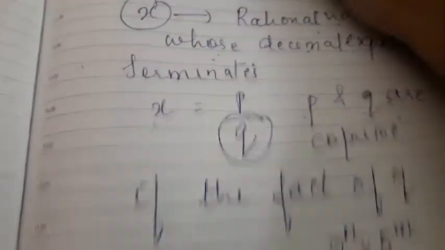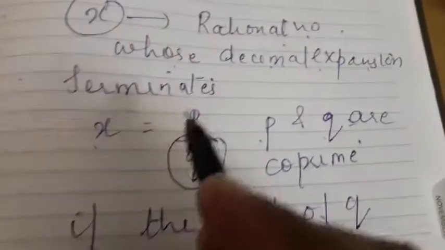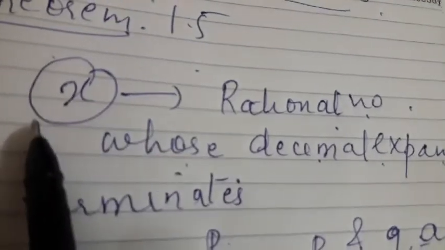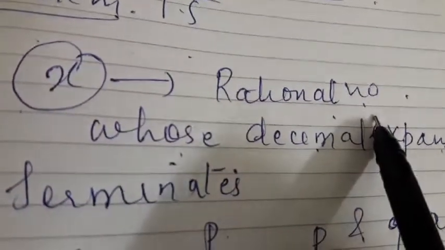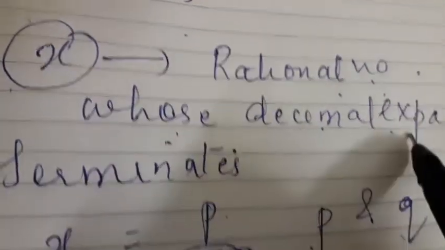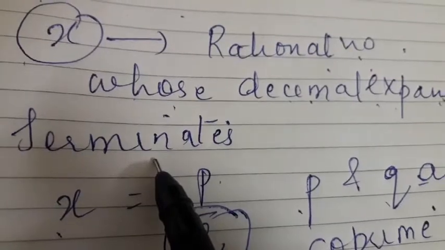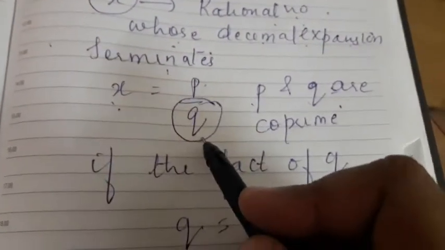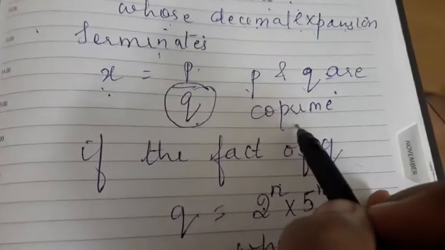I repeat, Theorem 1.5 says that if x is any rational number whose decimal expansion terminates, then x can be written in the form p by q, where p and q are coprime numbers.